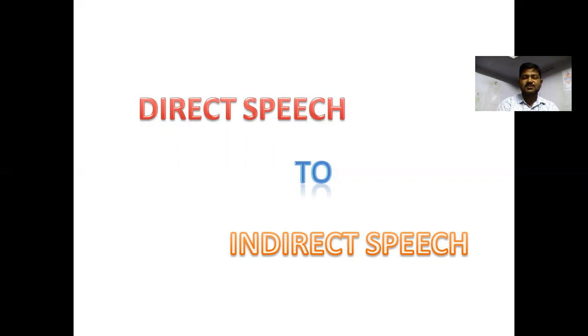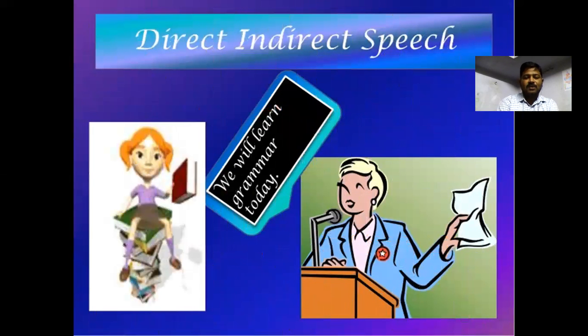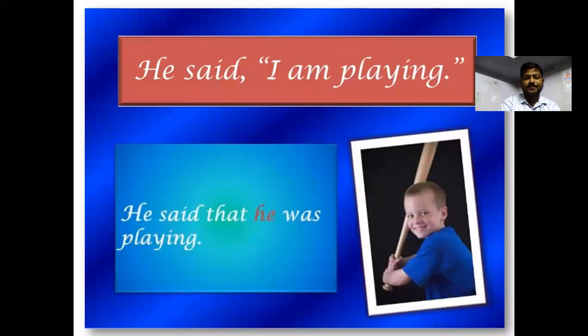So direct speeches may be said by the first person or second person, and the indirect speech may be explained by second person to the third person. So this is what we have to learn, and we learn the grammar today, direct and indirect speech.